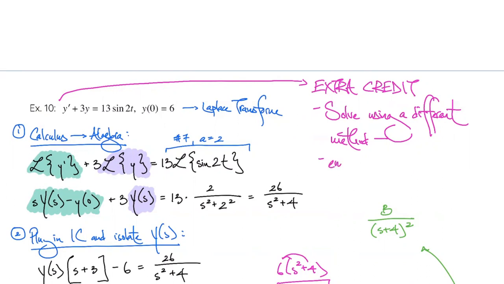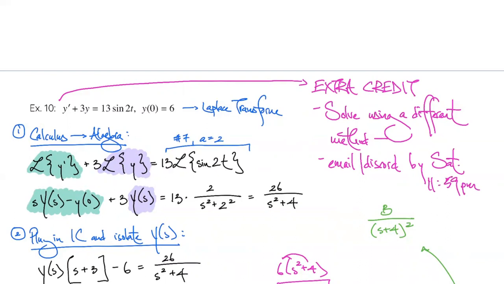I'm going to ask that you email this to me, or you can shoot it over on Discord. That's fine as well. So send me this being solved using a different method. Let's see, today is Thursday. Let's say by your Saturday homework deadline, by Saturday, 11:59.